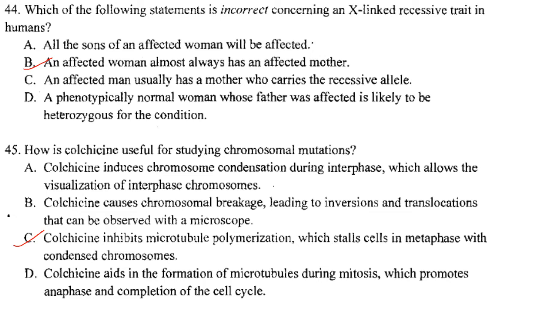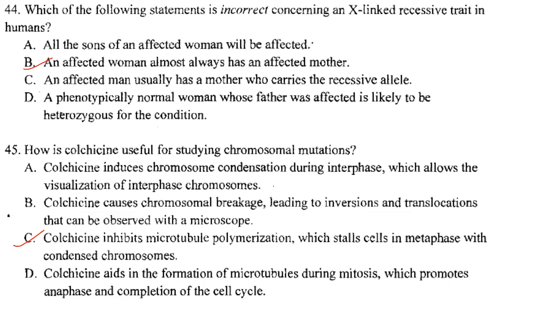So she will gain the X-linked gene either from the mother who is having the defective X gene or if her father is having the X-linked recessive trait disorder. So the answer is option B, that is an affected woman almost always has an affected mother. No, it can be the affected father also.